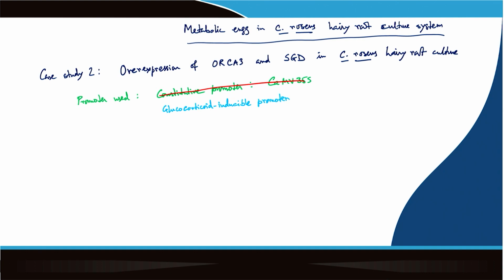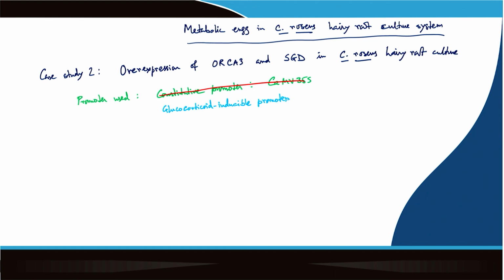I will not go into this promoter's details here, because otherwise we will not be able to finish the major outcome we are going to discuss. Of course, I will give you the reference and the details can be studied by the students themselves.